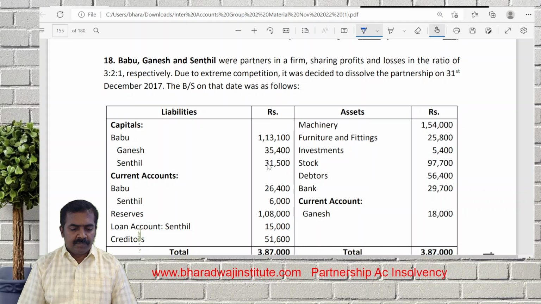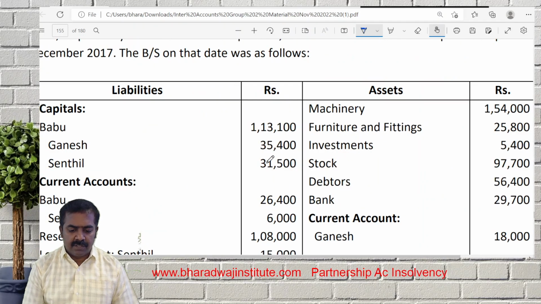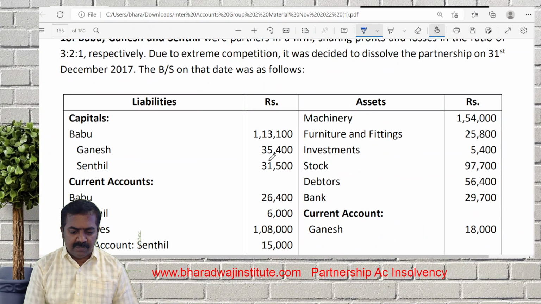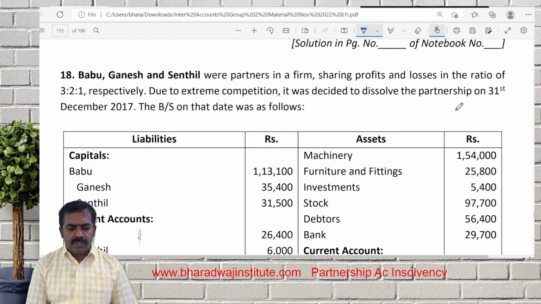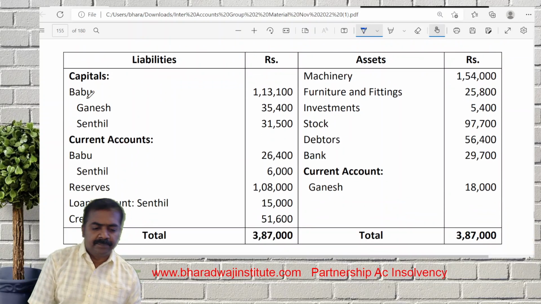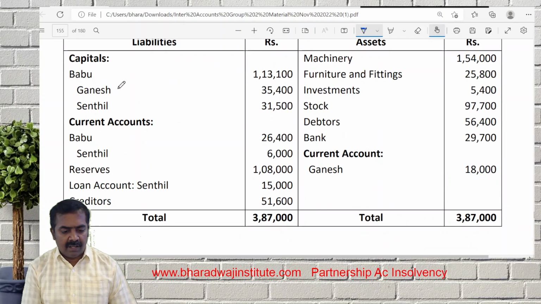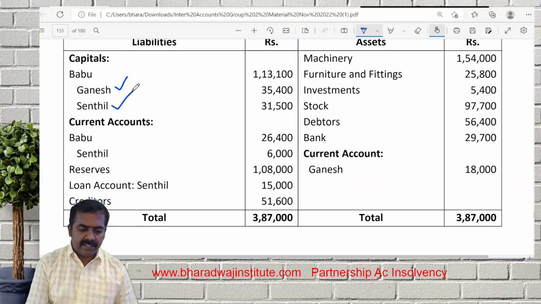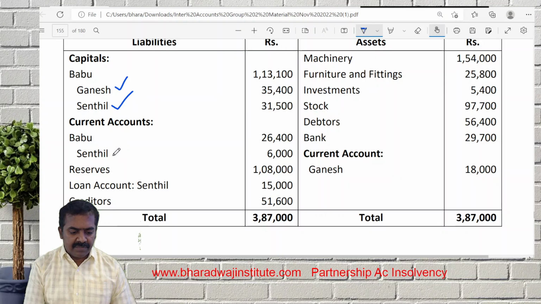Go through this. Babu, Ganesh and Senthil are partners in a partnership firm. Read further. What is given? Sharing profits and losses in which ratio? 3:2:1. Due to extreme competition, they decided to dissolve the firm. Capital of Babu, Ganesh and Senthil is given on the liability side. Current account of Senthil is given.